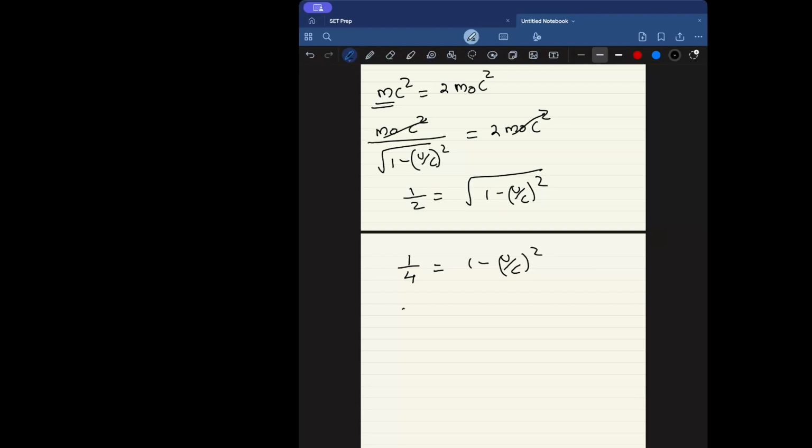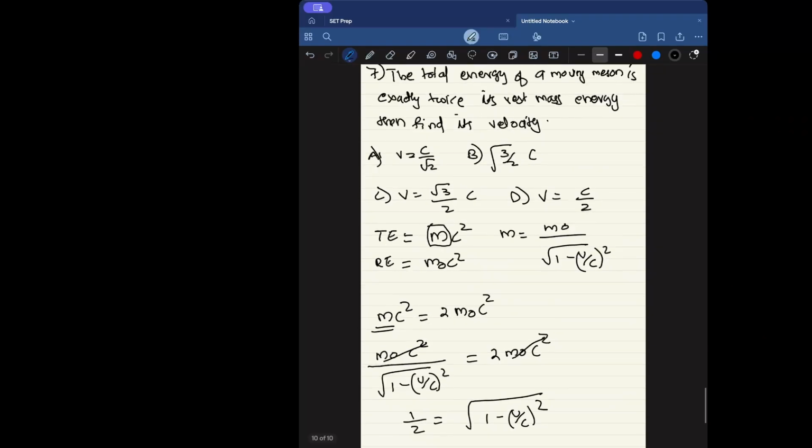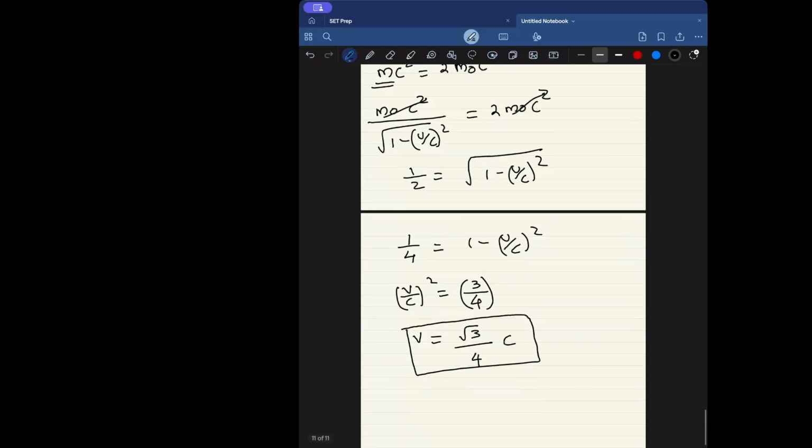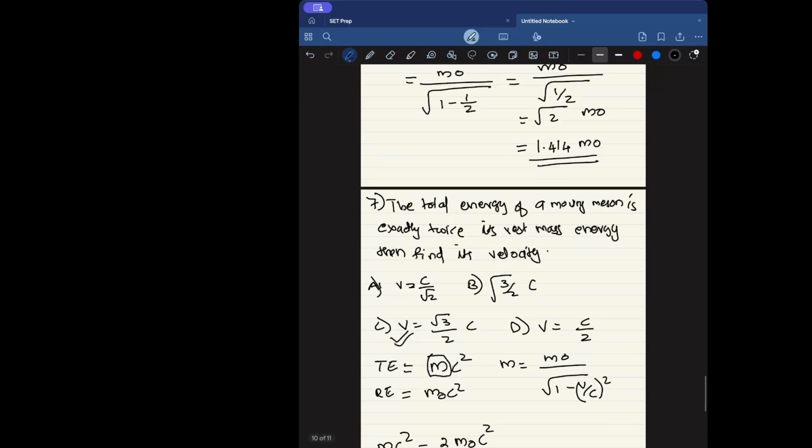Again, (v/c) square equal to 3 by 4, or v equal to root 3 by 2 c. So our answer is C, the third one. Option C, the third one.